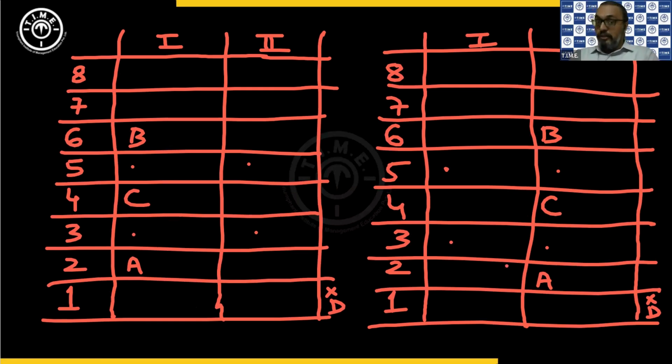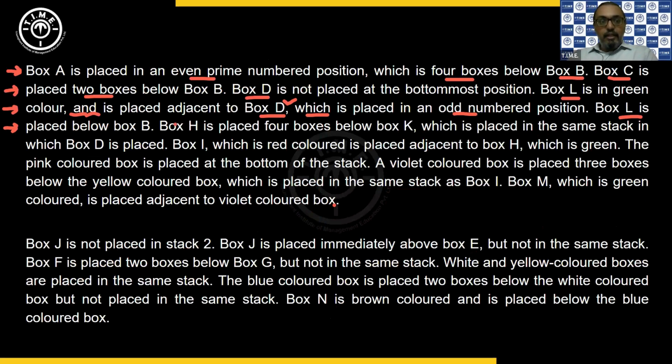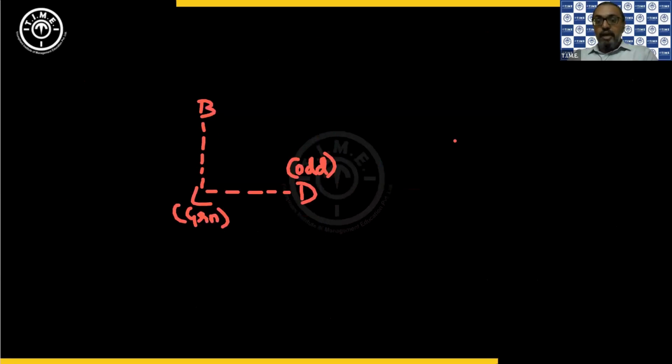So I don't know which odd number it is. We'll come back to that. Further, box H is placed 4 boxes below K, which means K is placed in the same stack in which D is placed. Okay. So we have H placed 4 boxes below K and K is in the same stack as D. Right.